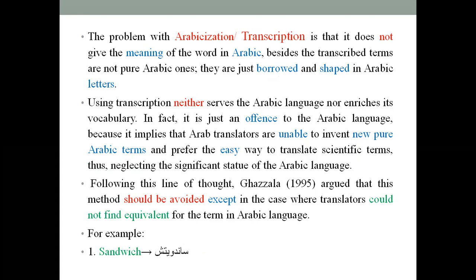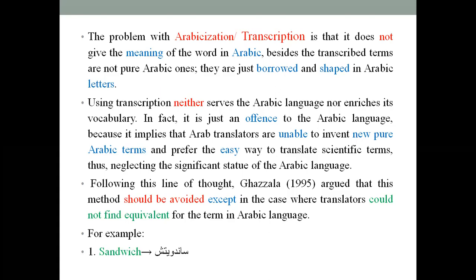So actually, this strategy should be avoided, because of two things. The first one, it does not give the meaning. Also, it indicates that the translator is unable to produce a pure Arabic term that reflects the entire meaning.